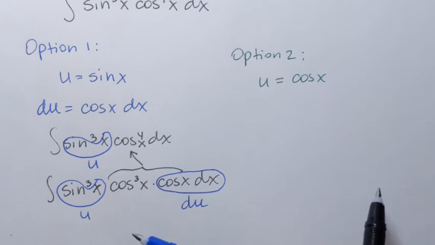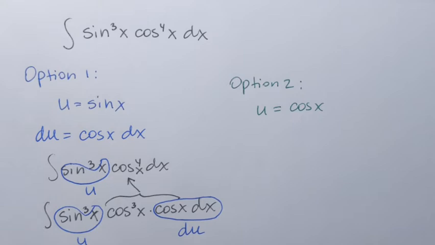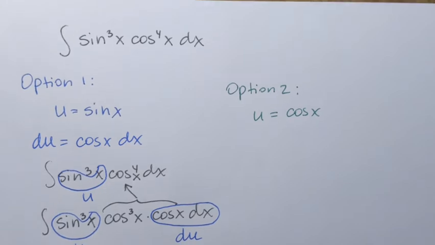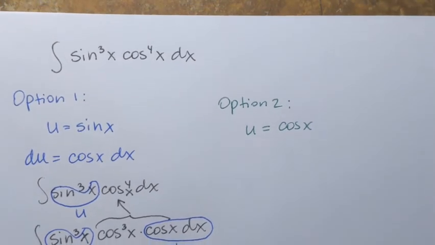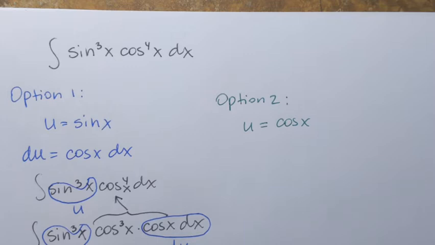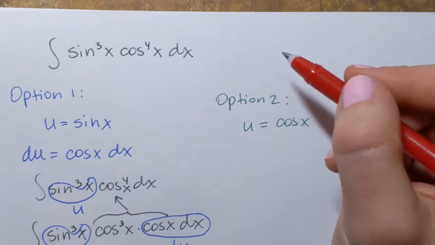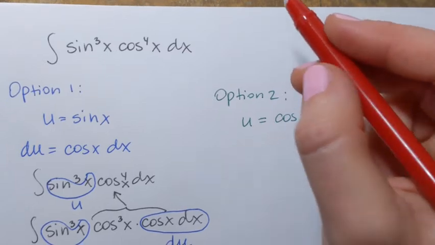Well, if I recall basic trigonometric identities, the ones that relate sine and cosine actually involve squares. Let me write down those identities over here. We just refreshed them in the introduction video.